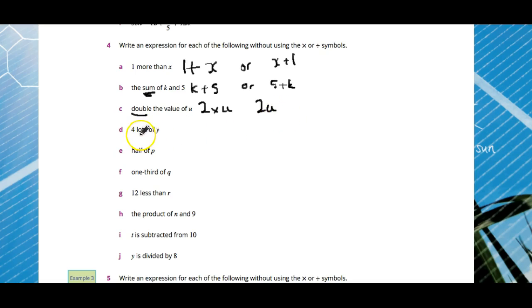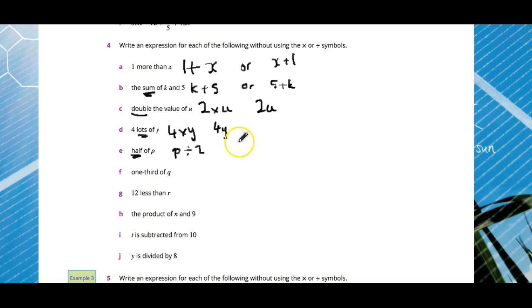For lots of y, so lots of means multiply. So we've got 4 times y, and hopefully you realize I should have written 4y because there's an invisible multiply sign. Half. Okay, so if I take half of something, I'm actually dividing it by 2. So it's p divided by 2.